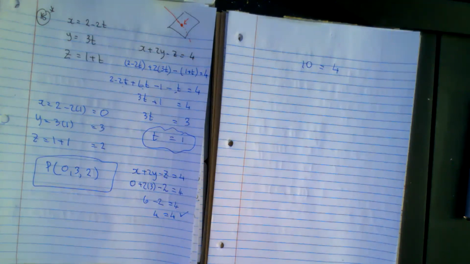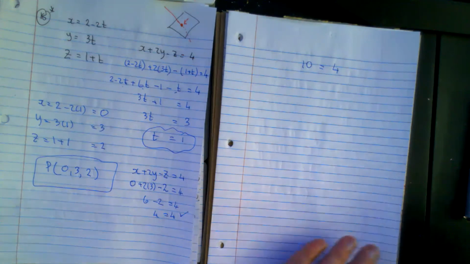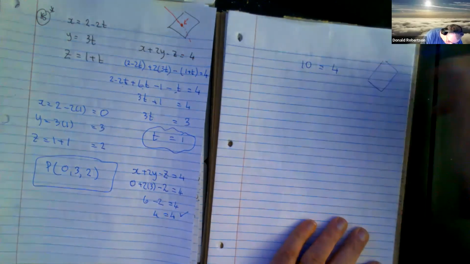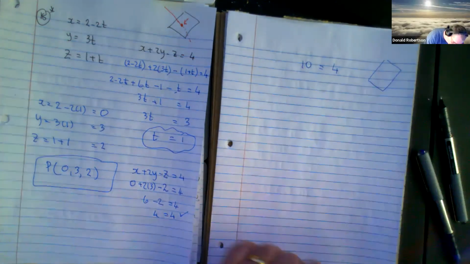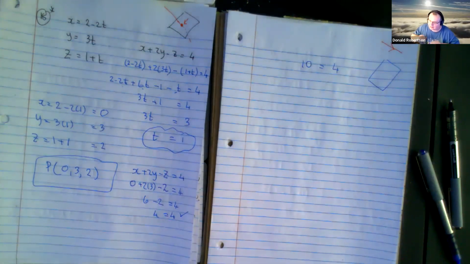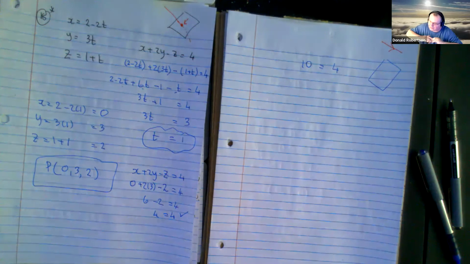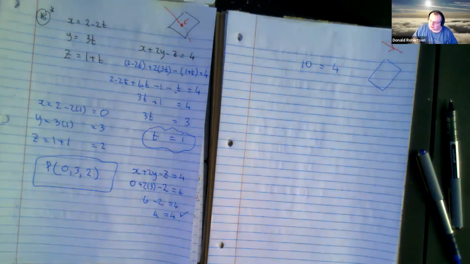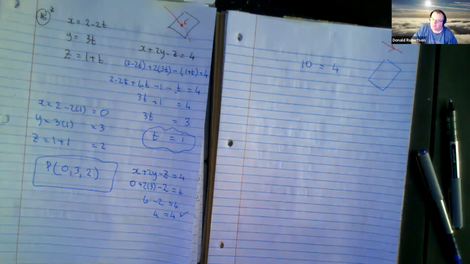The line doesn't meet the plane. If you want to visualize what that looks like, wouldn't that be parallel to the plane? Like an aircraft flying above the surface, never meeting it, always keeping the same height.